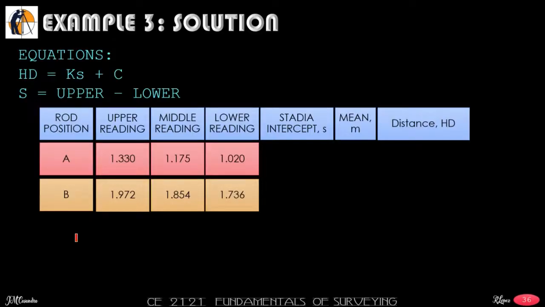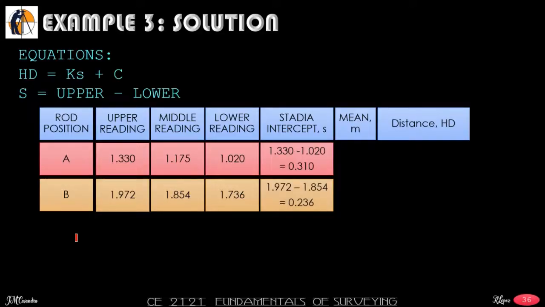So for stadia intercept, upper minus lower will give us 0.310 for A and 0.236 for B. For the mean, it's 1.75, which is the same as our middle reading. And for B, 1.854, same with our middle reading. So meaning, we have correct readings for our survey.